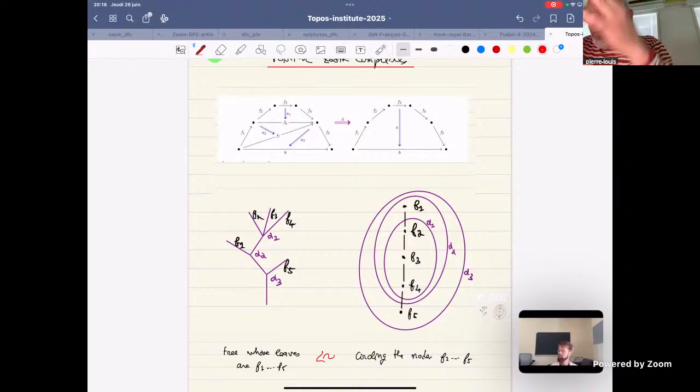You can see these circlings as a tree where all the circles become nodes of the tree that is written on the left. So the tree on the left records roughly the same information.